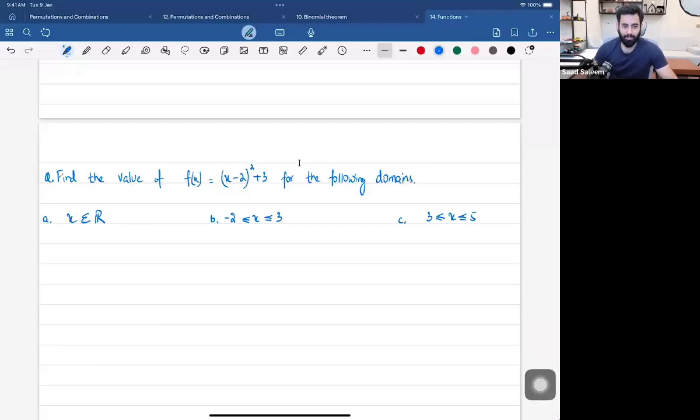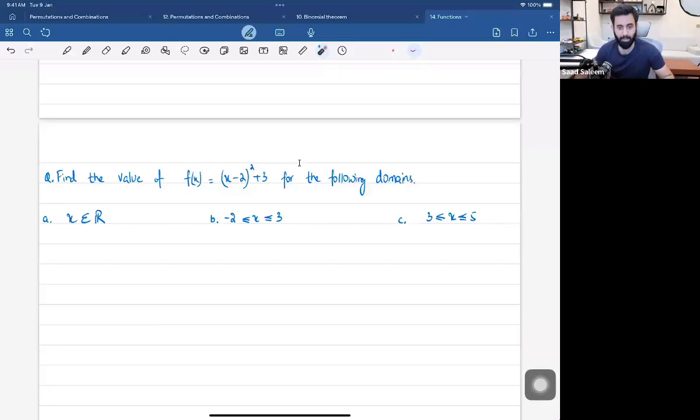Now, how will I figure out if this is a one-to-one function or a many-to-one function? By default, what is a quadratic function? Is it a one-to-one? It's a many-to-one. Yes, it's a many-to-one function. By default, it's a many-to-one function, but it may be possible that under a certain domain, it becomes a one-to-one function.